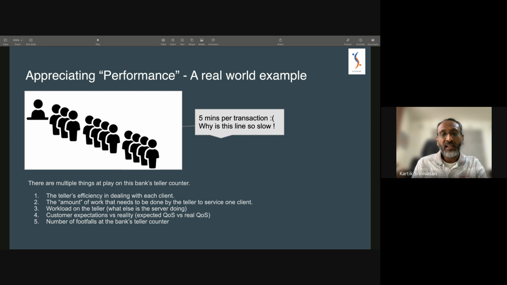In this case, for example, I, as the bank manager, should be able to expect that I have, let's say, 40 senior citizens in my branch, and I am sure that at least 80% of those senior citizens, who have no other way of going to an ATM or who are not savvy with using an ATM, will come to the bank counter and take that money from the bank teller.